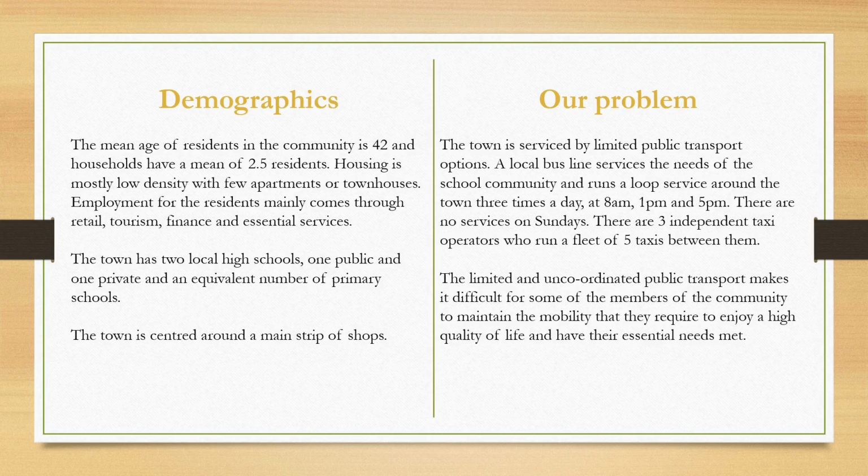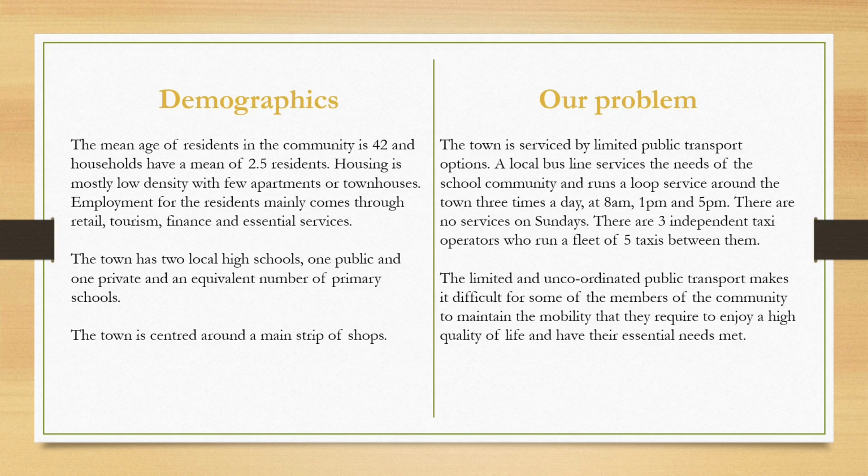The problem. The town is serviced by limited public transport options. A local bus line services the needs of the school community and runs a loop service around the town 3 times a day, at 8 a.m., 1 p.m., and 5 p.m. There are no services on Sundays. There are also 3 independent taxi operators who run a fleet of 5 taxis between them.